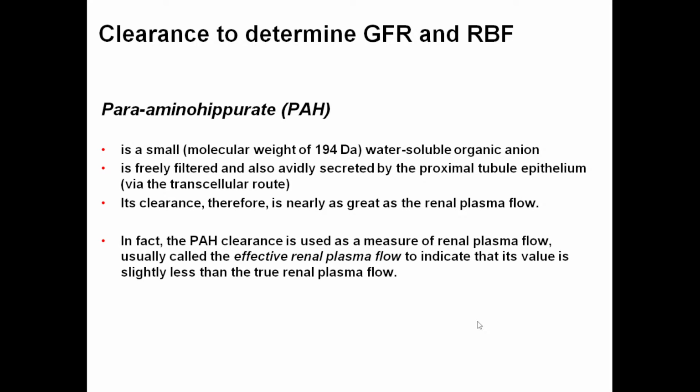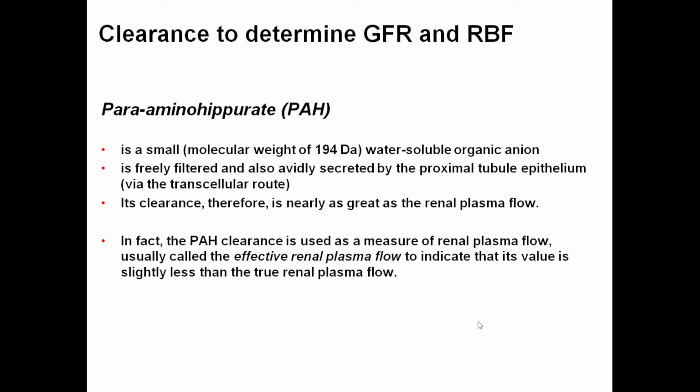Para-aminohippuric acid clearance provides an estimate of the renal plasma flow rate because all of the para-aminohippuric acid entering the renal artery is excreted into the urine in a single pass through the kidney. Approximately 20% of the plasma para-aminohippuric acid is filtered. At low plasma concentrations, the remaining 80% entering the peritubular capillaries is secreted into the proximal tubule by organic anion transporters.